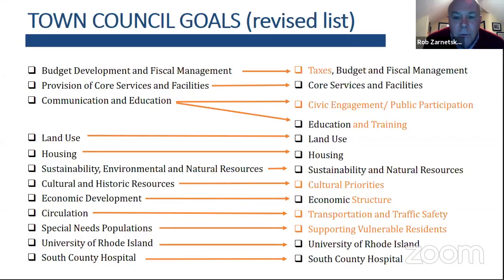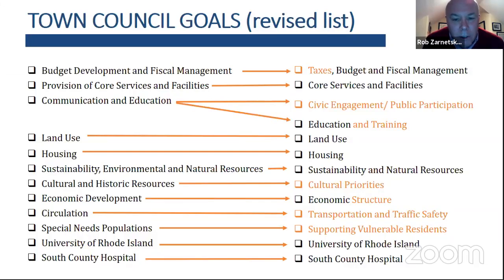Land use is land use. Land use and housing could possibly be rolled into one category. I have not done that. There's reasons for doing that, and there's lots of reasons for not doing that. We will get into that discussion on Wednesday with the Planning Board, the Affordable Housing Collaborative, and this one other group.